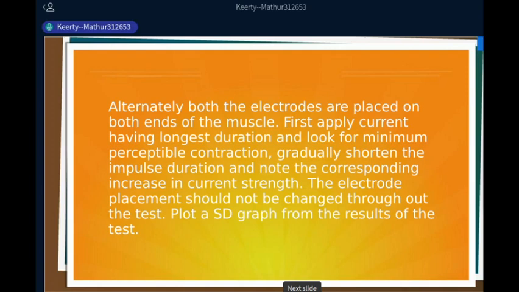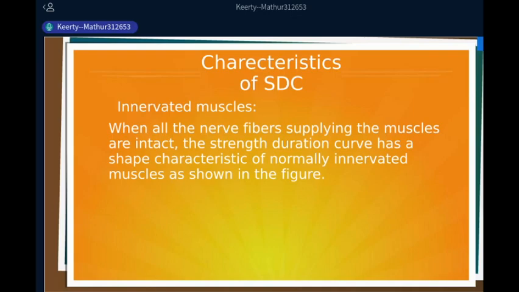Means if we have put the inactive electrode over the flexor aspect of the forearm, it will remain there throughout the practical, and the active electrode will always be placed over the motor point of the muscle.